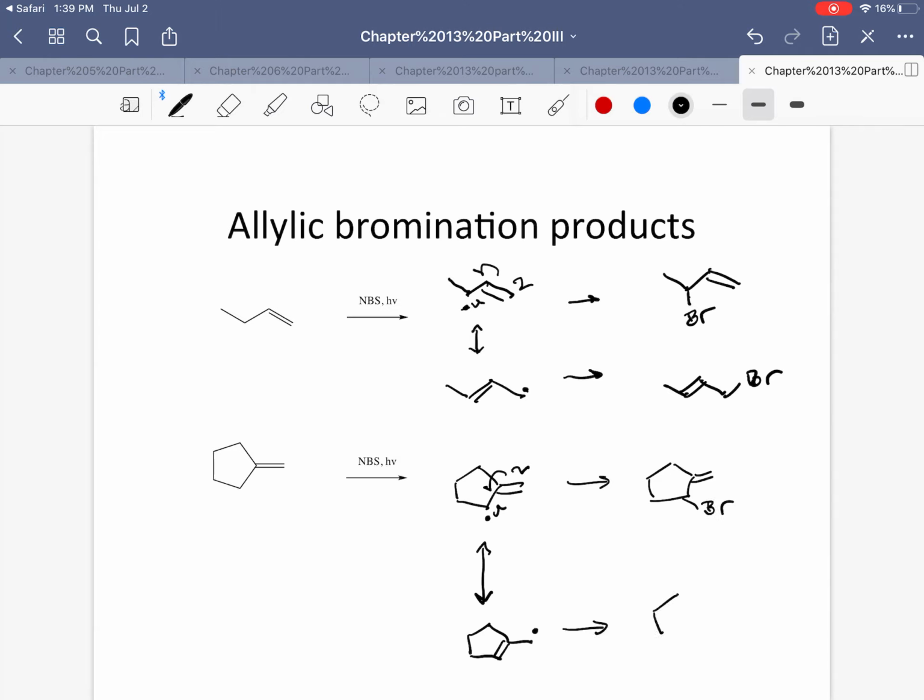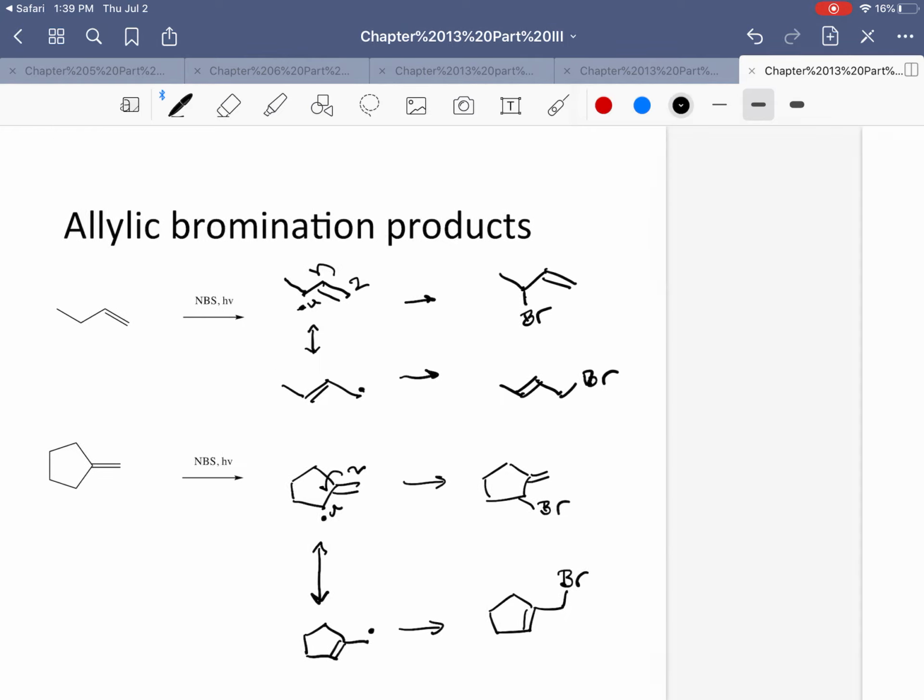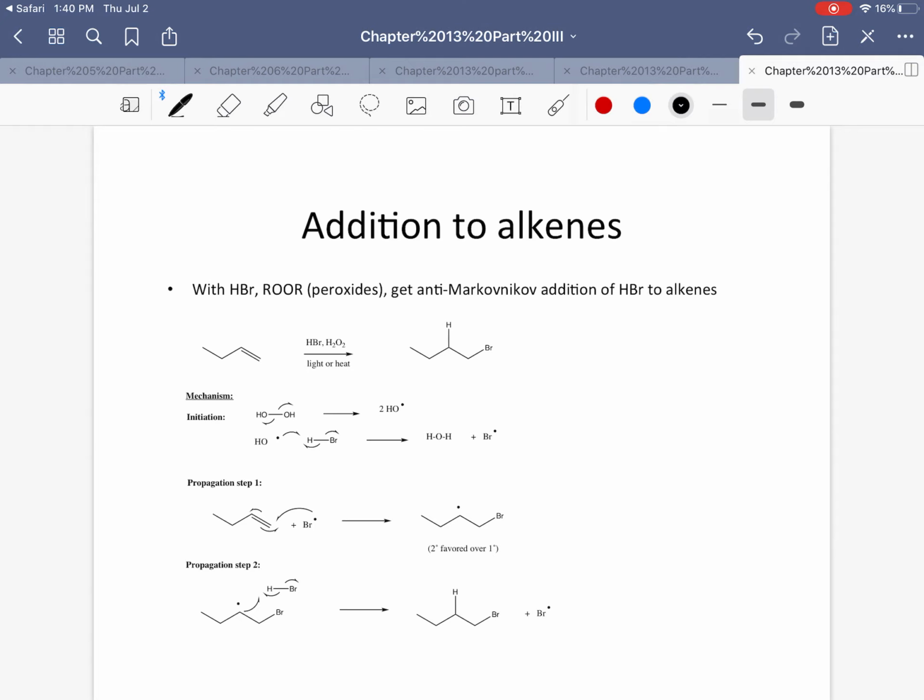Each one of those can give a different bromination product. So if you have forgotten resonance forms, you want to go back and practice that. From here on out in 3020, you're going to see lots of problems that involve resonance forms.